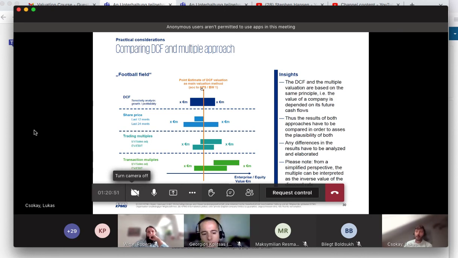For example, whether the DCF result is plausible compared to other valuation techniques. Because if we perform a KFS BW1 valuation, then we have to assess the plausibility of the DCF valuation result. And for that, we use, for example, multiples and share prices. So then we really need this picture. And in practice, you will find that in a lot of valuation reports by investment banks, by analysts, and so on. So it's a very typical, very common picture.